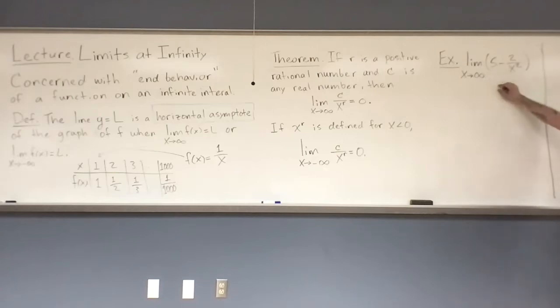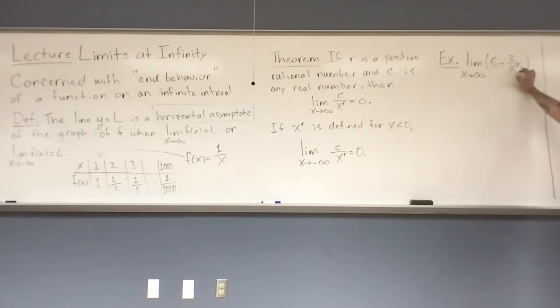So 2 over x squared. When x is equal to square root of 2, this is like a 1. It's like 5 minus 1, it's a 4. And then when x is 3, it's like 2 over 9. So it's like 5 minus a smaller number. When x is a billion, it's like 5 minus 2 over billion squared, which is a really small number.